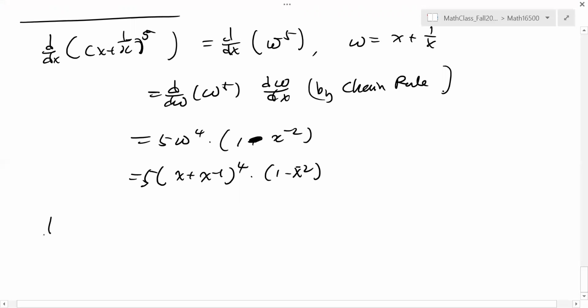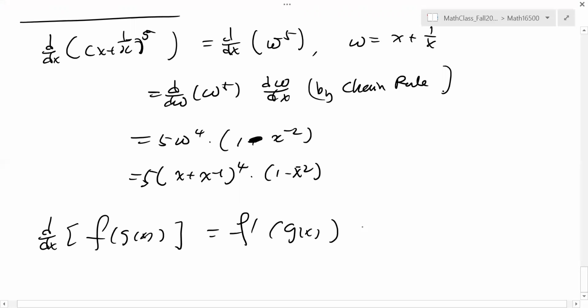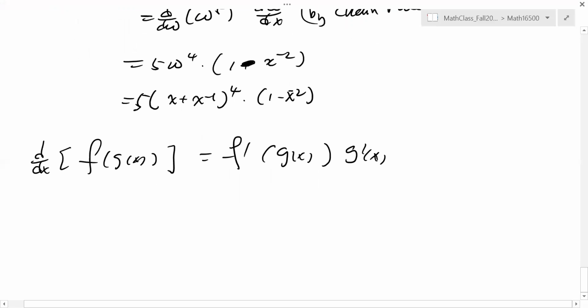The derivative of f of g of x is going to be f prime of g of x and then g prime of x. This is the chain rule in another form. You can prove that directly using the chain rule.